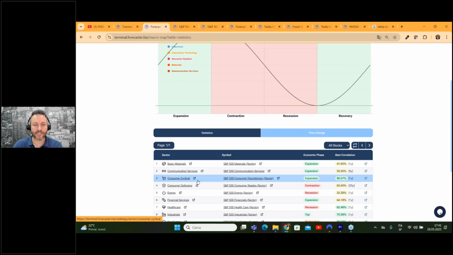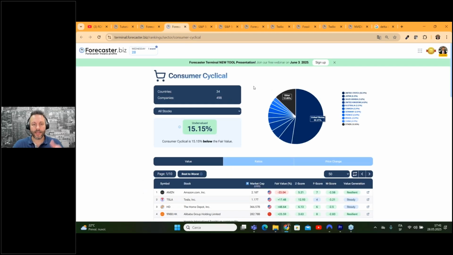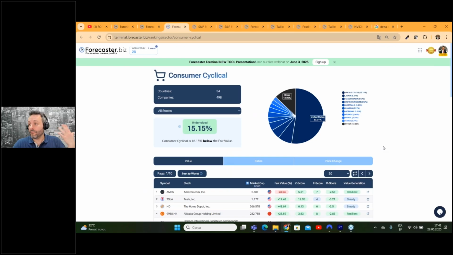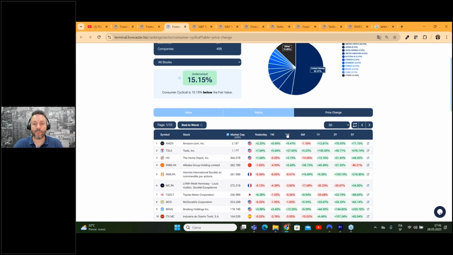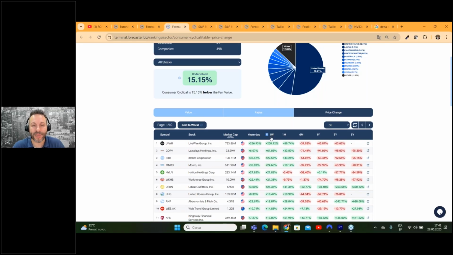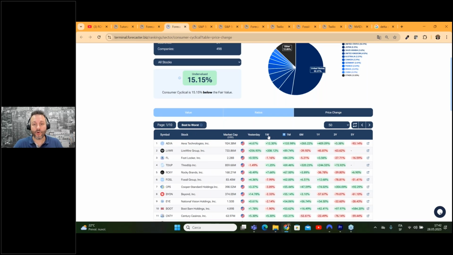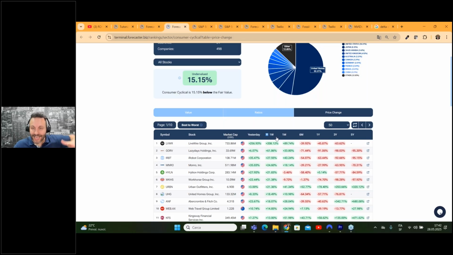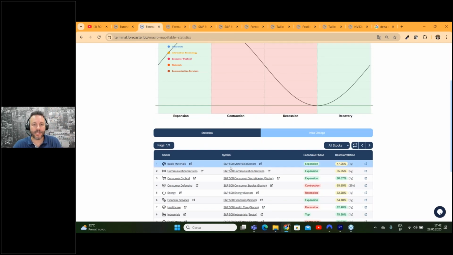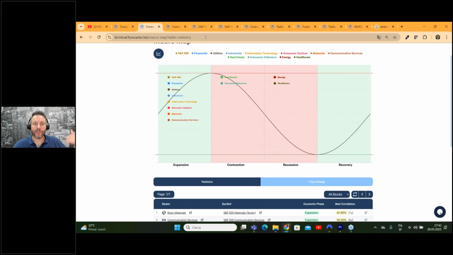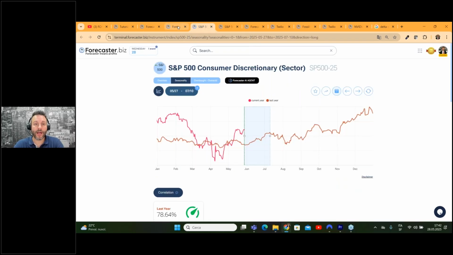We said consumer cyclical, you can go here and try to find opportunities, for example, thanks to the momentum. So you can rate, for example, which are the best companies in the last week and the last month, and you can go and trade them because the entire sector is in a positive momentum, as you can see here on the macro map. So momentum is one of the best strategies if you know how to handle it.